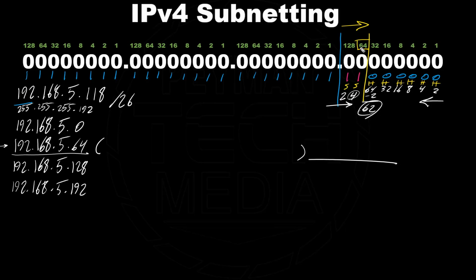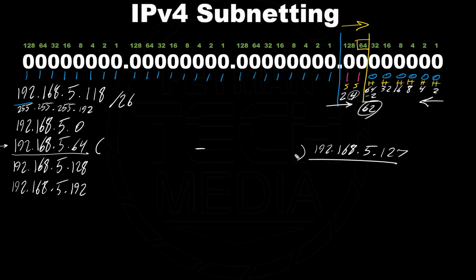Here we can see we were incrementing by 64 on the last octet because we are on the last octet, the cut line here, right? So 64 plus 64, 128. This is our next subnetwork. One less than 128 would be 127, right? So that's the broadcast address, 192.168.5.127.